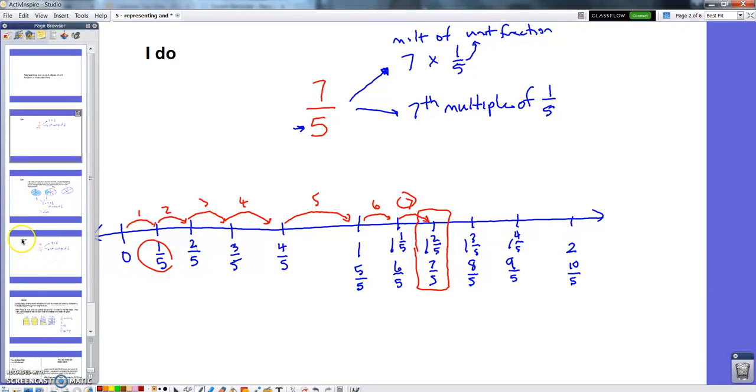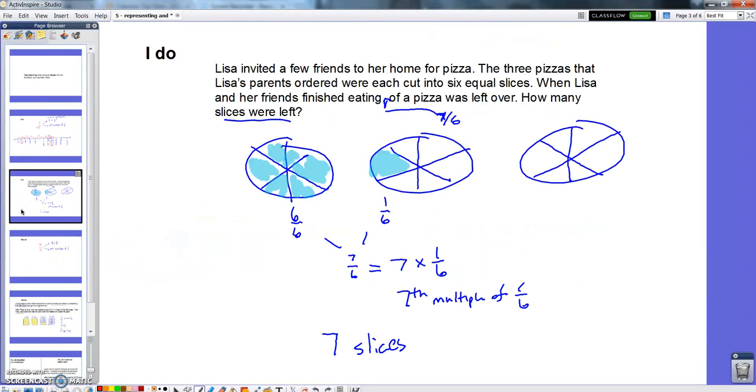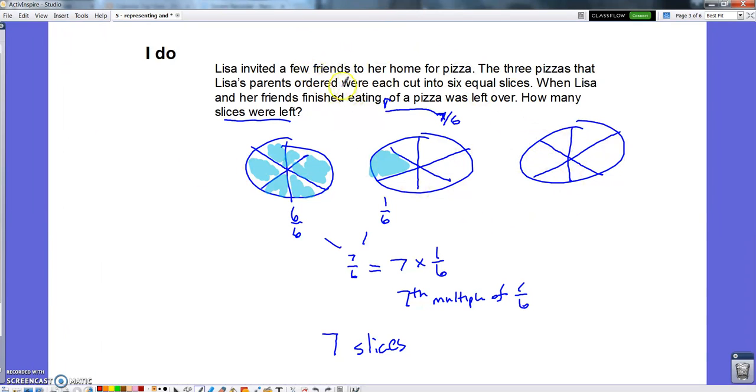And then let's also look at our problem with the pizzas yesterday to think about number lines. So we did this problem yesterday. Lisa invited a few friends to her home for pizza. 3 pizzas that Lisa's parents ordered were cut into 6 equal slices. When Lisa and her friends left, 7/6 of a pizza was left over. How many slices were left?